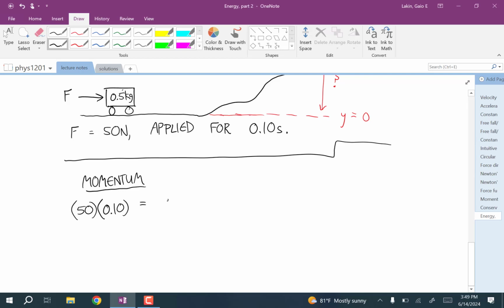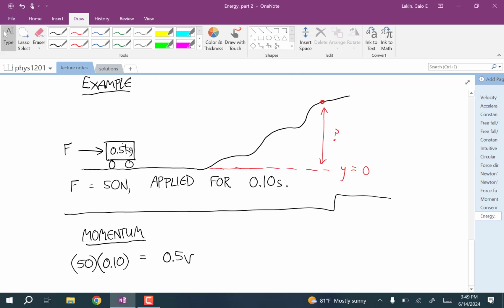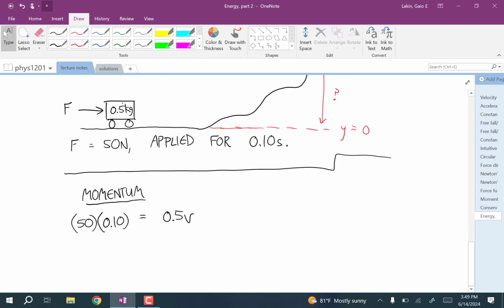The later momentum is going to be 0.5 times whatever the velocity is. Based on the direction of my force, you can see that I'm choosing my positive to be to the right. So that's the momentum at the later instant, but before it gets to the hill. And then the earlier instant is 0.5 times 0. So this goes away.